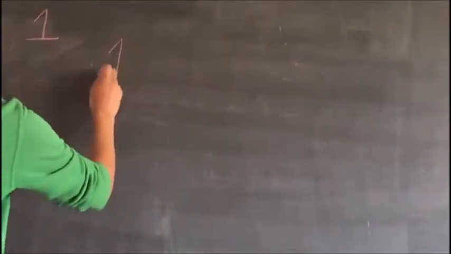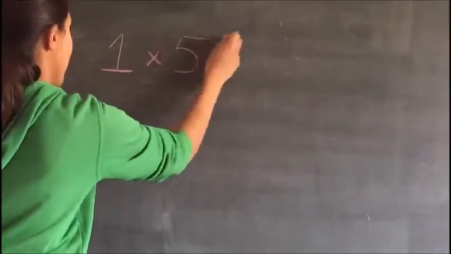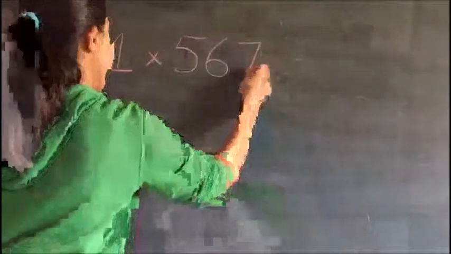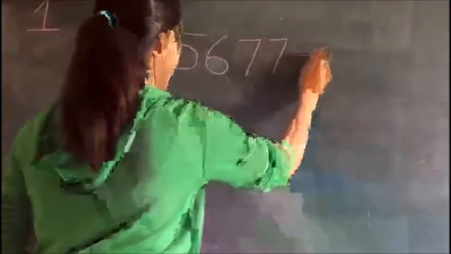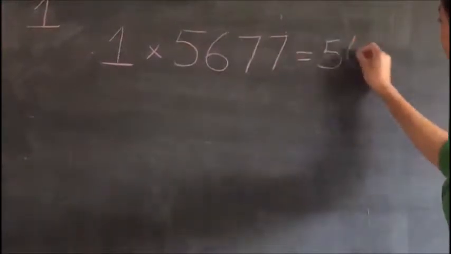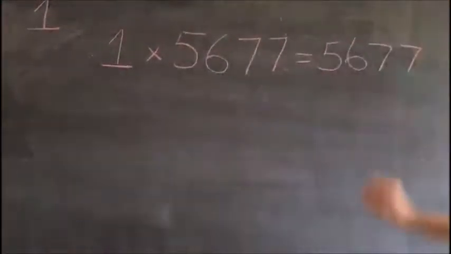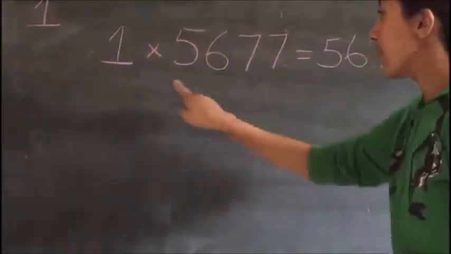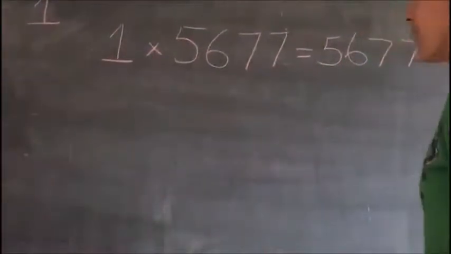Another trick that teachers might play on you is flipping the question around. Here, let me show you an example. So, if we have the question 1 times, let's say 5,677, the answer would still be 5,677, even though these two numbers might not be in your regular spot.